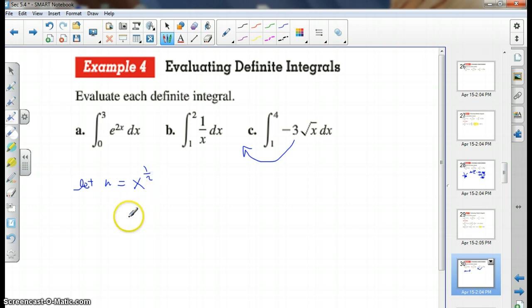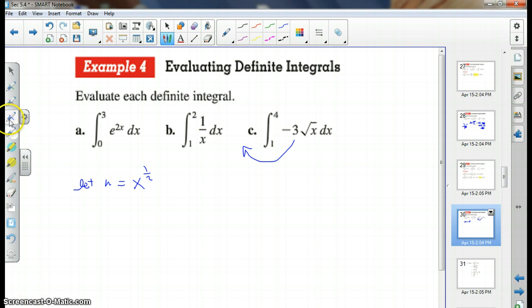If I choose x to the 1/2, I could probably just rewrite it without even using a u substitution, because x to the 1/2, I think I know how to integrate without a u substitution. Our rules for integration say increase this exponent by 1, so that'll make it 1/2 plus 2/2 is 3/2, and then divide by 3/2.